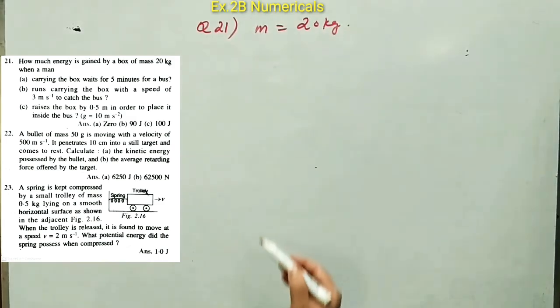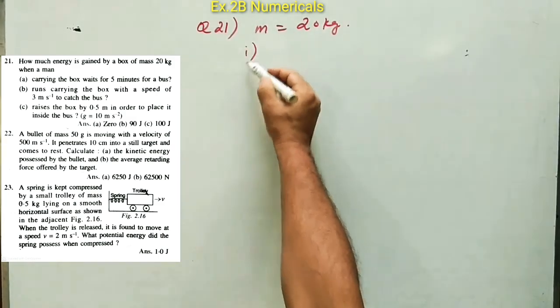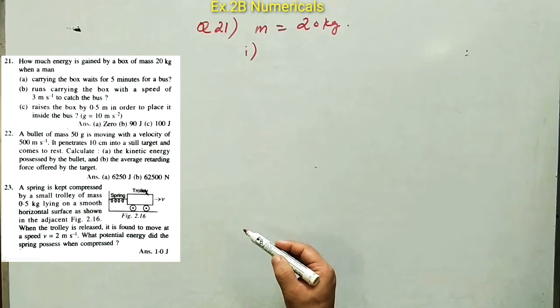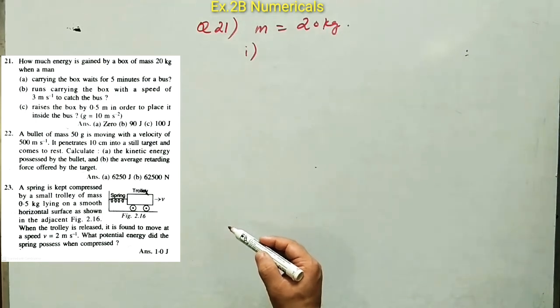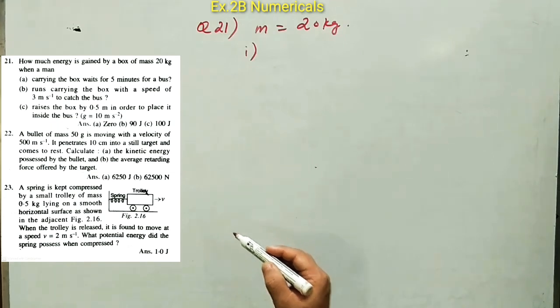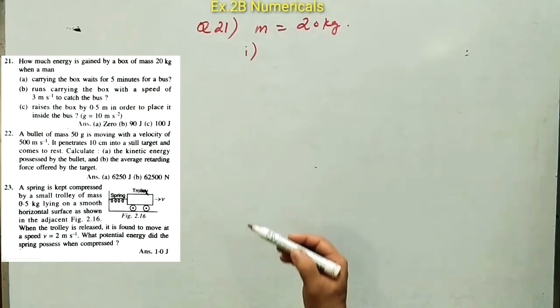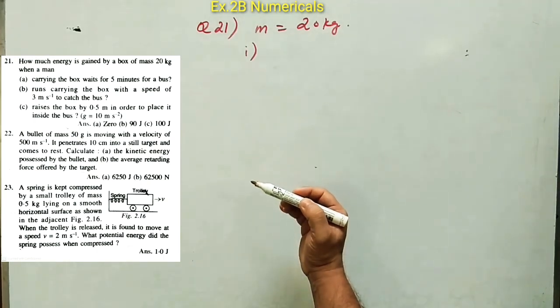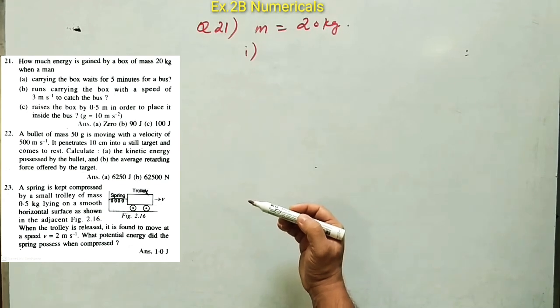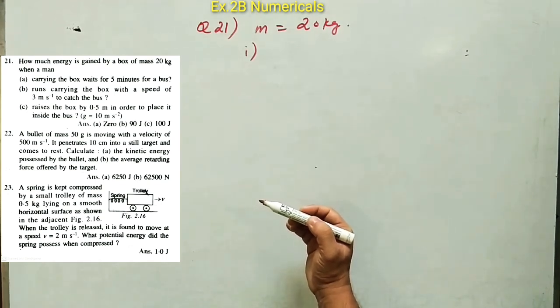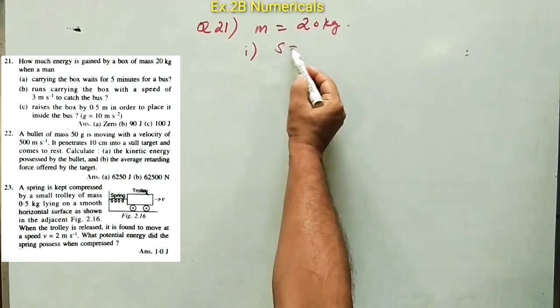So what is the first case? What's the work done by the man in carrying the box while he waits for 5 minutes? How much energy has he spent? The man is carrying the box and standing still, so there is no displacement, right? So I can write the displacement as 0 here.